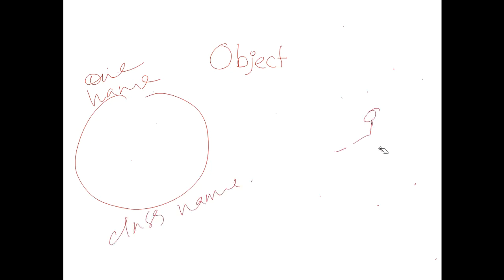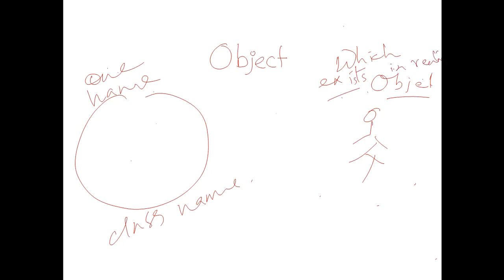We have talked about that you are a student. That is an object. An object means something which exists in the real world, in reality. So in reality, you as a student, as an object, exist.